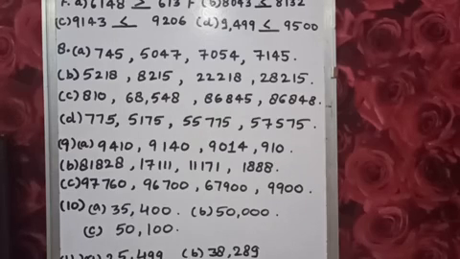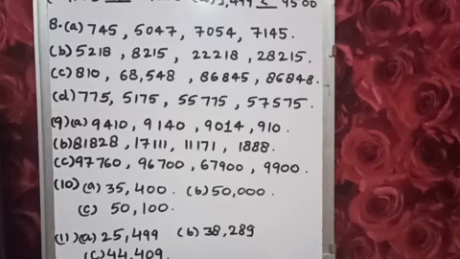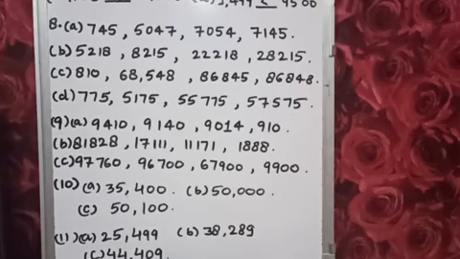Now let's see question number 11. Question 11 is, write the predecessors of each of the following numbers. Now what is predecessor? Predecessor means just one number before, or you can say minus 1 of the given number.